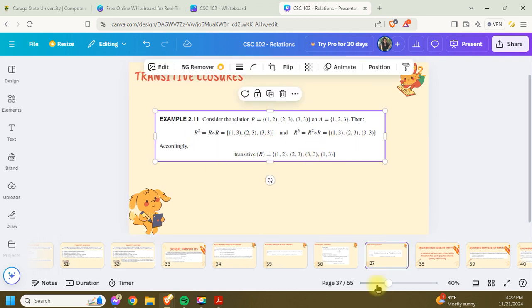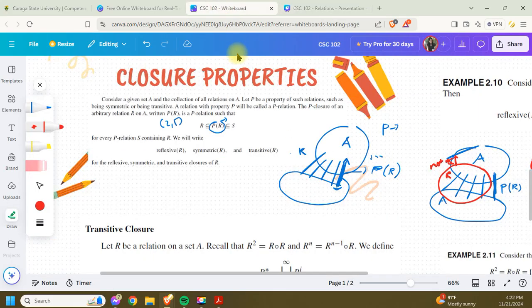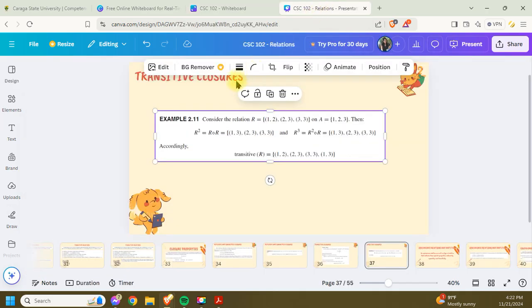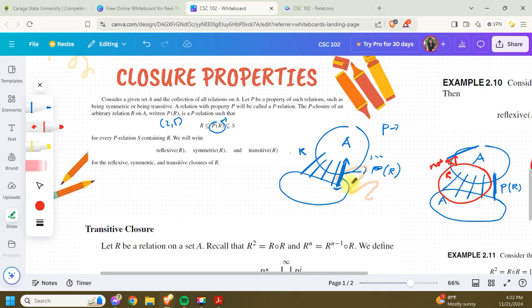Now, let's just consider this example. In the reflexive and symmetric, I am not too sure how to add. So this is how you add for the transitive. Okay, in this example, we have the relation 1, 2, 2, 3, and 3, 3 on A.